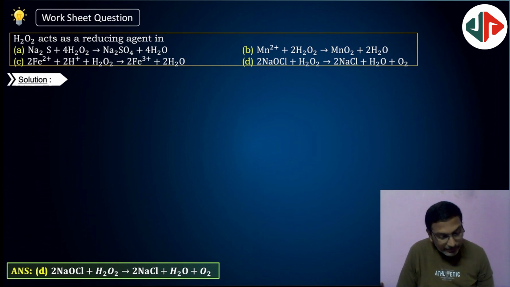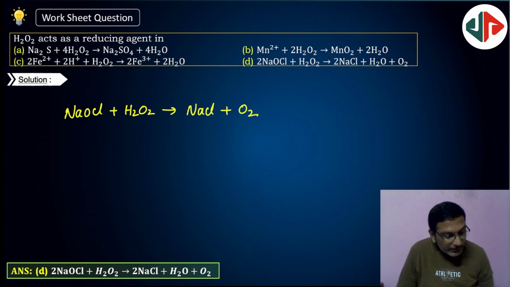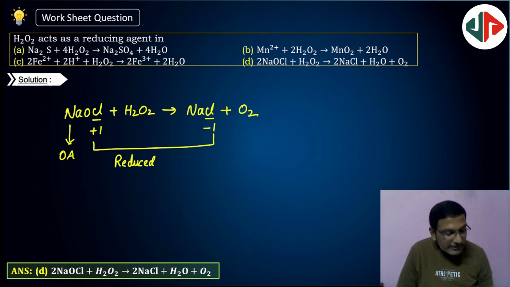Next. H2O2 acts as reducing agent in. Reducing agent. Check here. NaOCl plus H2O2 changes to, I am taking here main compounds only. So here Cl state is +1 changes to -1. Therefore, this compound is reduced. Therefore, this acts as oxidizing agent. Next, O state -1 here.